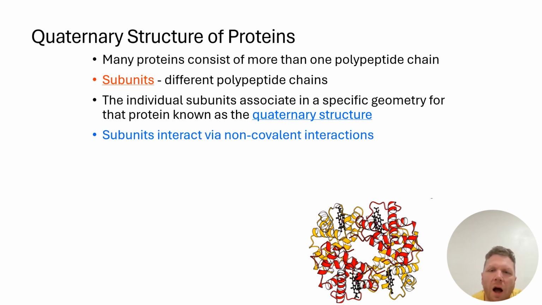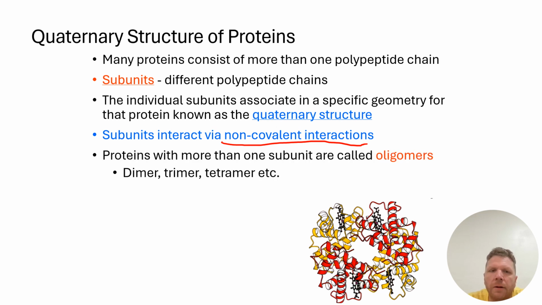Subunits interact through non-covalent interactions. Okay, so think about that. Is this where we have disulfide bonds formed? No, subunits are not going to be connected through disulfide bonds, or it's unlikely they're going to be connected through disulfide bonds.